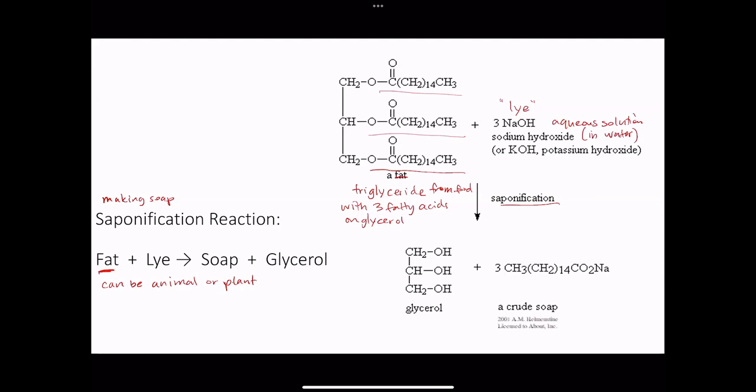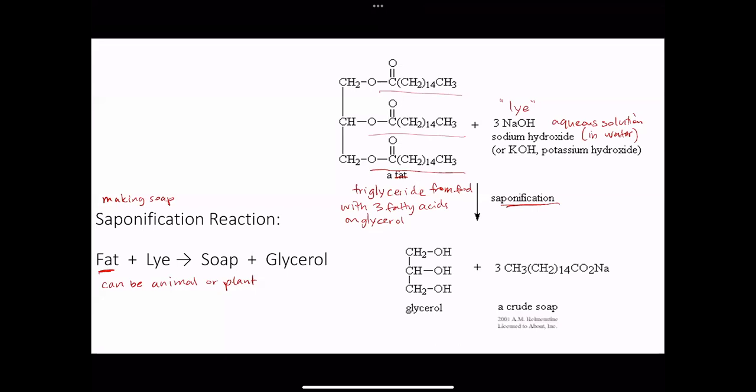And so because fat and oil does not mix with water, the saponification reaction has to be done over a long period of time. You have to stir it and then stir it some more in the process of making soap. So soap making was a process that would take the whole day. And if we were on campus, we'd be making soap. It takes about an hour of stirring, a whole hour of stirring. Okay. And why is that? It's because the fat and the water do not mix.